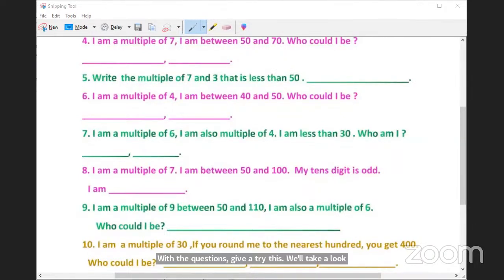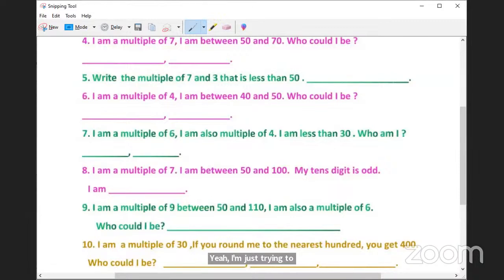How to find the multiple. I'm just trying to solve one and I want you to do the rest.